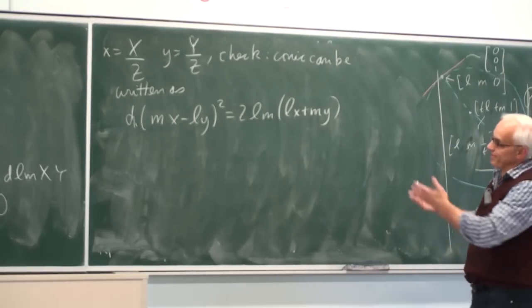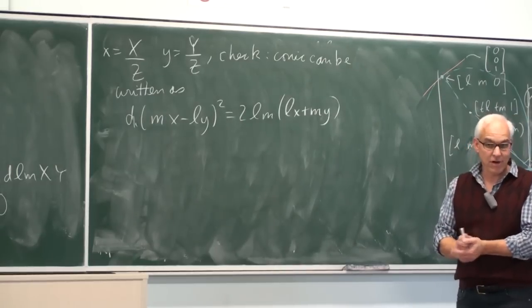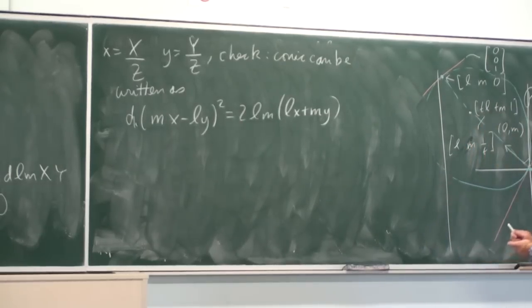So this is a general equation of a parabola which is tangent to this line Lx plus my equals 0 and has a vertex right here so that the axis is perpendicular.